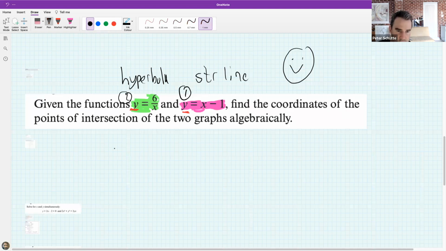And so we can just go x minus 1 is equal to 6 divided by x. Now, that is an equation with fractions in it, but it is still an equation which only has one type of variable. So step 1, we call this substitution. We sub the pink one into the green one.